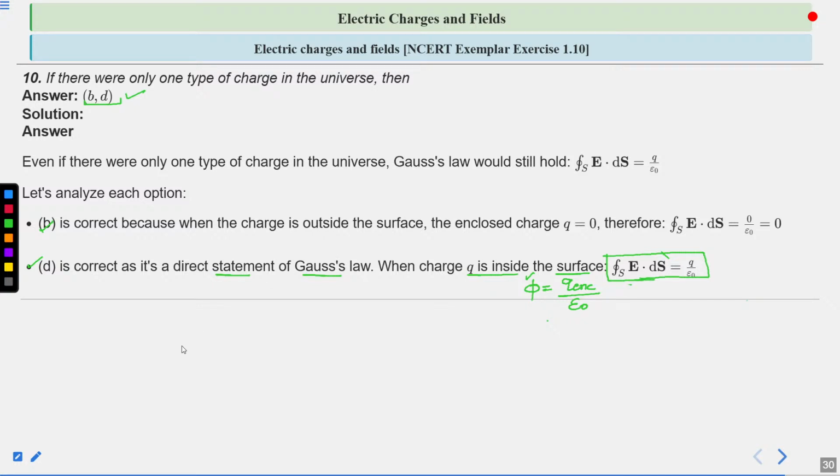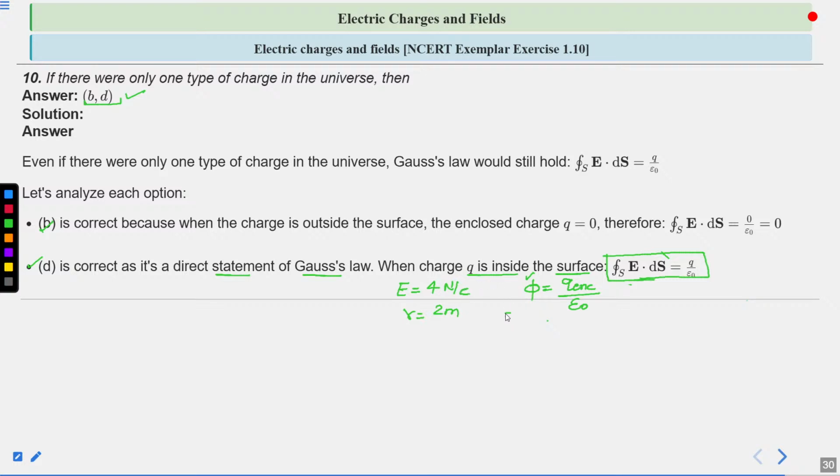So one question for you. Suppose the electric field is equal to 4 newton per coulomb, and the radius of the sphere is 2 meter. Then what is the value of flux?